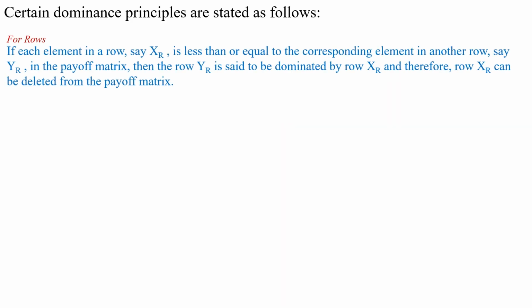First we have to check the principle for the rows. If each element in a row, say row x, is less than or equal to the corresponding element in another row, say row y, in the payoff matrix, then row x is said to be dominated by row y, and therefore row x can be deleted from the payoff matrix.